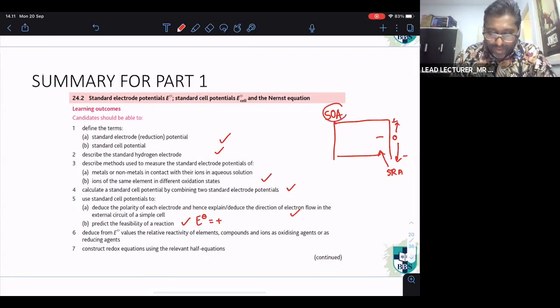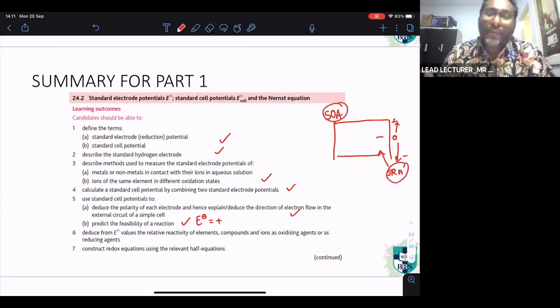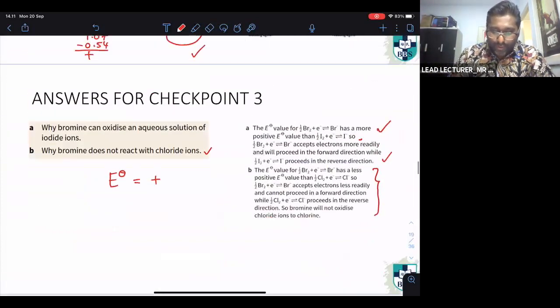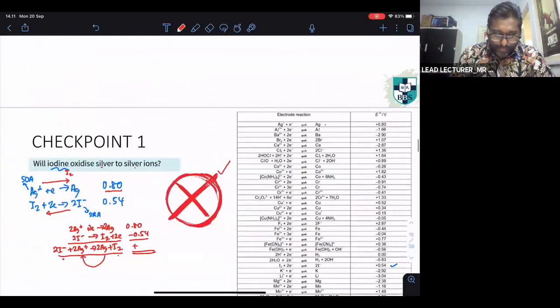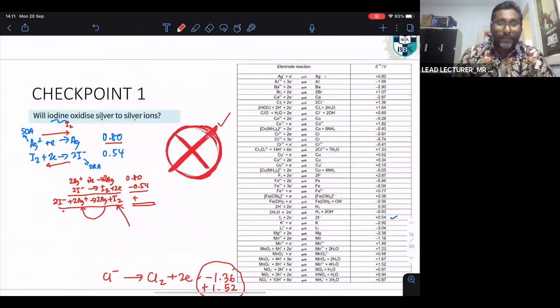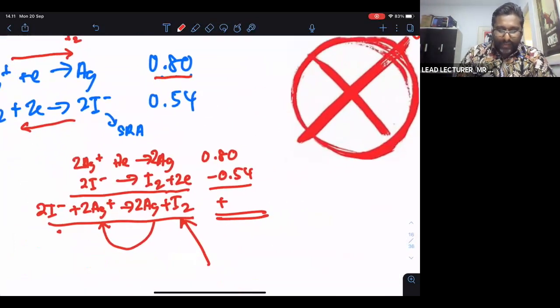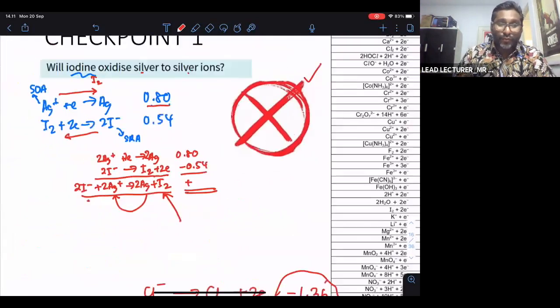So SOA combined with SRA is going to give you a feasible reaction. That is another thing you can memorize. And of course you should know how to write down the redox reaction using the relevant half equations. You balance the electrons and you cancel the electrons. You can see how I have shown you all these examples just now, balancing and then canceling the electrons. Make sure you know how to do that.